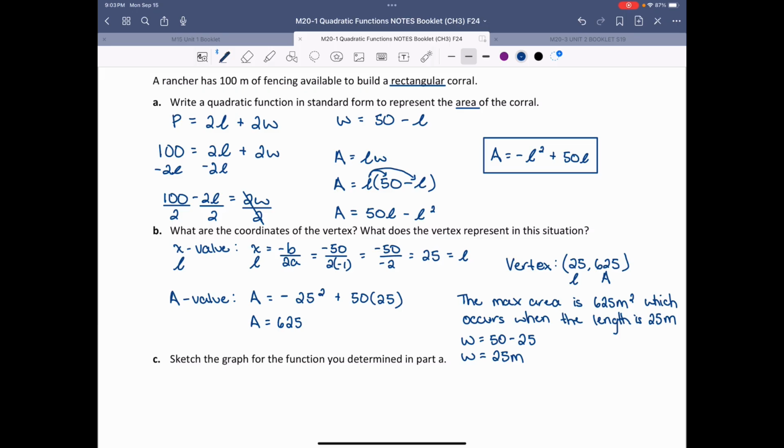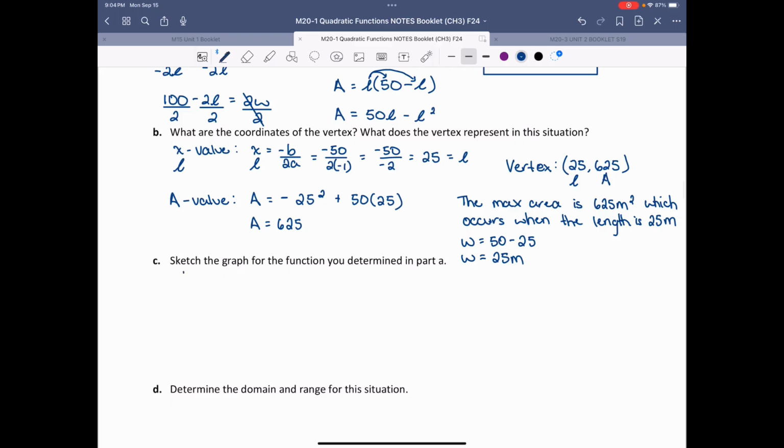Go down, down, to y min. My y values are talking about area. Again, can't have negative area, so leave that at -1. My max, I know my max is 625, so I'm going to go up to 650. Hit EXE, EXE, F6 for draw.